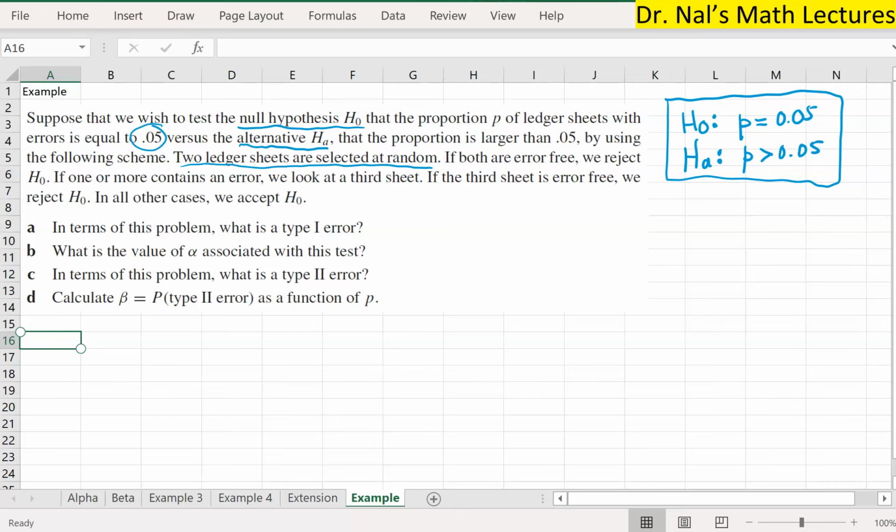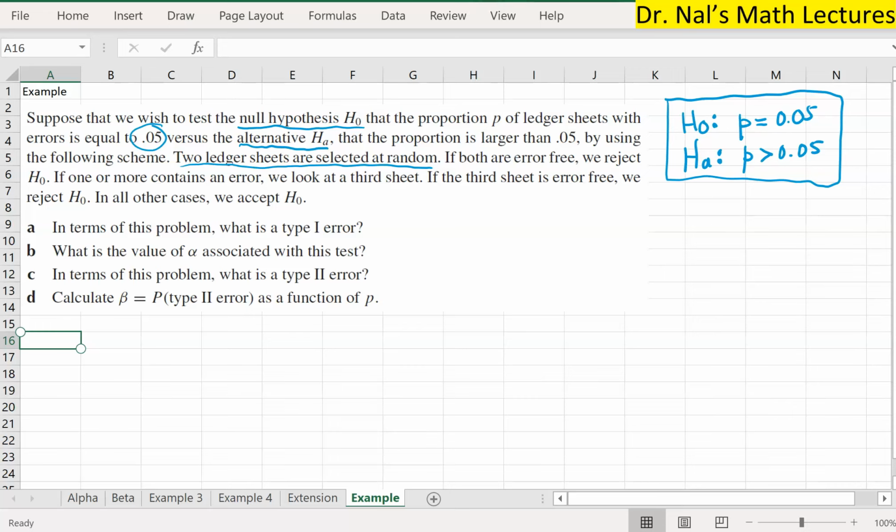If one or more of them contains an error, we look at a third sheet, which is kind of like the decider. If the third sheet is error-free, we reject the null hypothesis. Again, in all other cases, we just accept the null hypothesis.